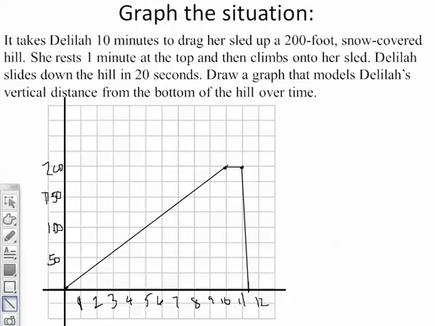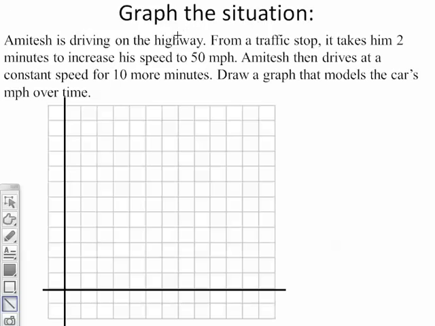Okay? Moving forward. This lady is driving on the highway from a traffic stop. It takes her 2 minutes to increase to 50 miles an hour. Well, that means I need to start labeling some time going across here, right?